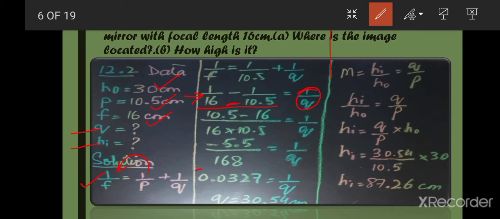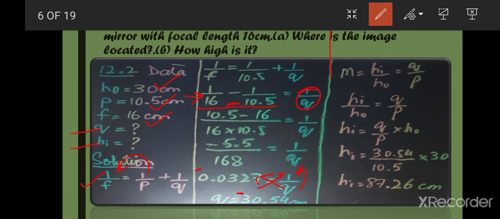And when you cross multiply these two sides, you will get q equals minus 30.54 centimeters. This negative sign shows that in this case the image is virtual and forms behind the mirror. Whenever q is negative, it means it is formed behind the mirror.